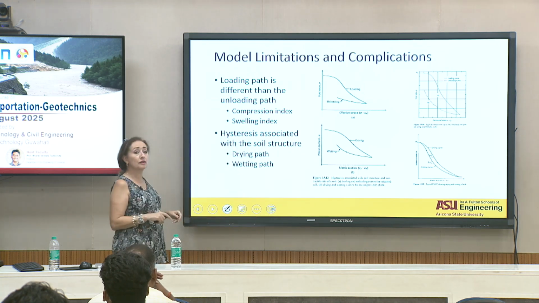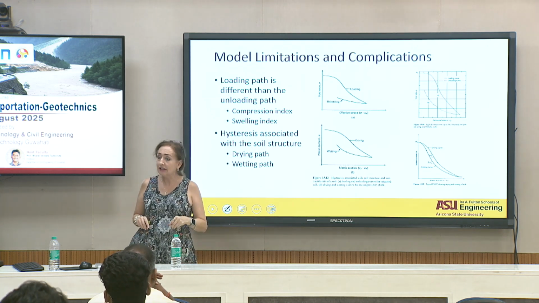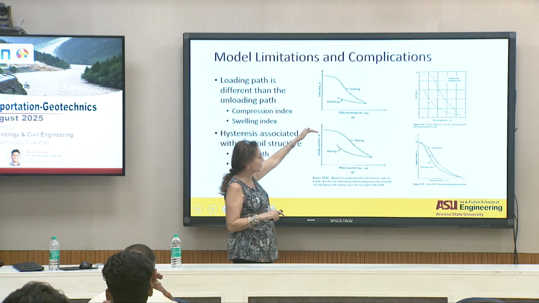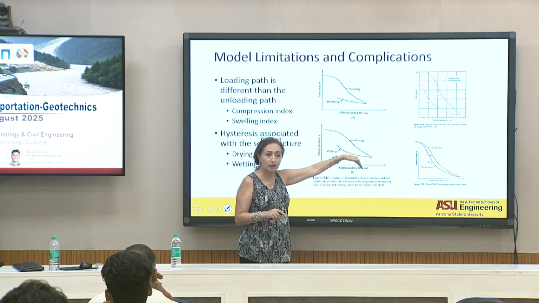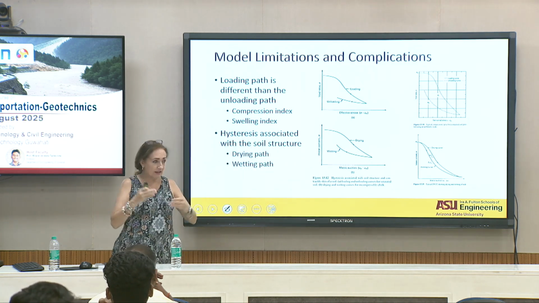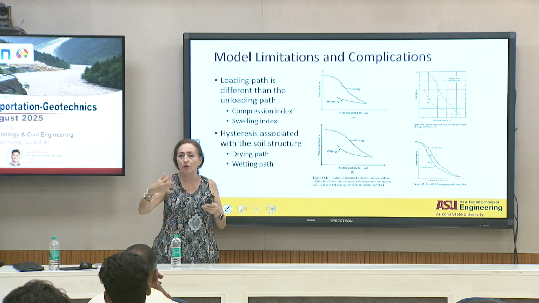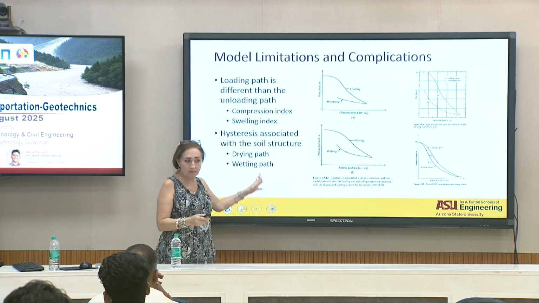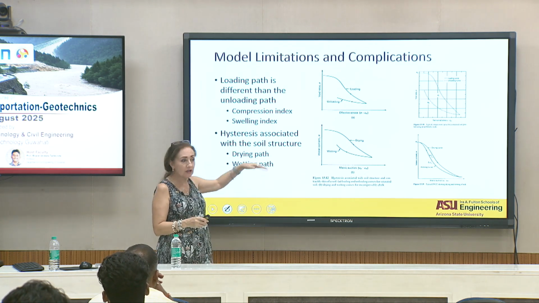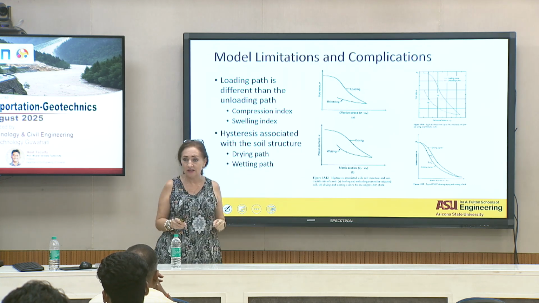And also because we do have hysteresis in the soil-water characteristic curve, that means we're going to have a slope or a relationship for a drying curve and another one for the wetting curve, right? It's like going back and forth for whatever we need. It gets more complicated, but the theory applies whether you're loading or unloading, whether you're drying or wetting, as long as you use the right coefficient.